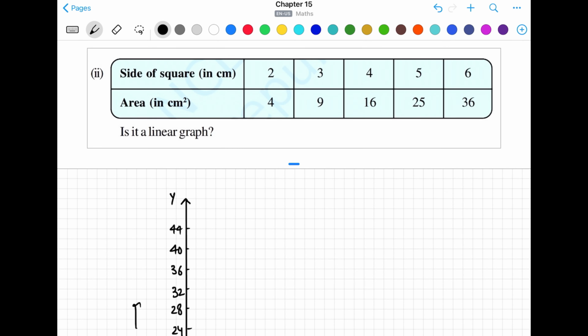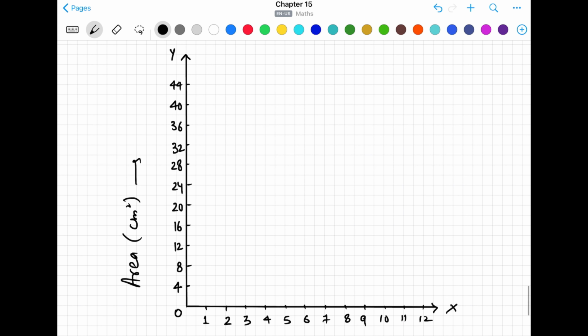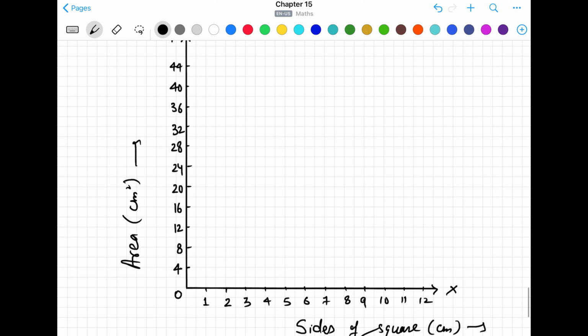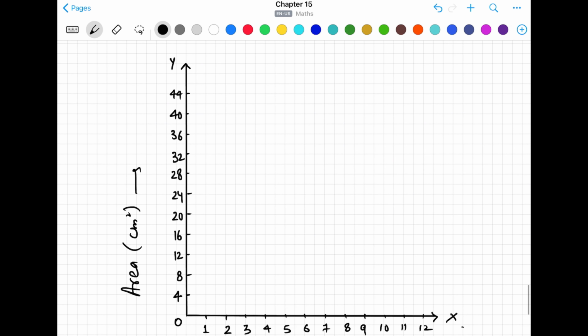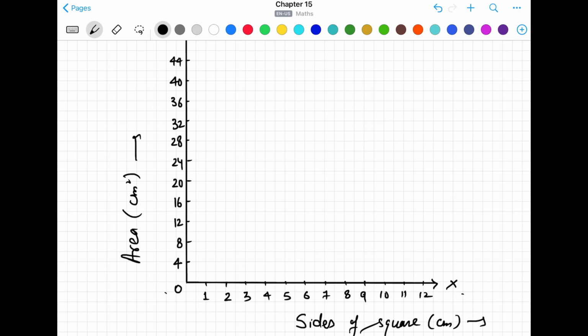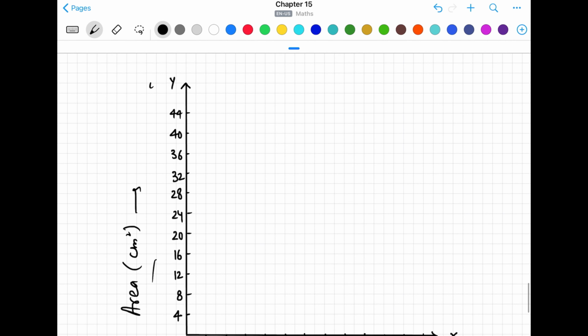In a similar way we have the next one, and the last one from this exercise and chapter. We again have to represent the side of a square, and this time the area, which is in centimeter square. Again I have marked the axes: x-axis here, y-axis here, and the origin. On the x-axis we have the side of the square, and on the y-axis the area.